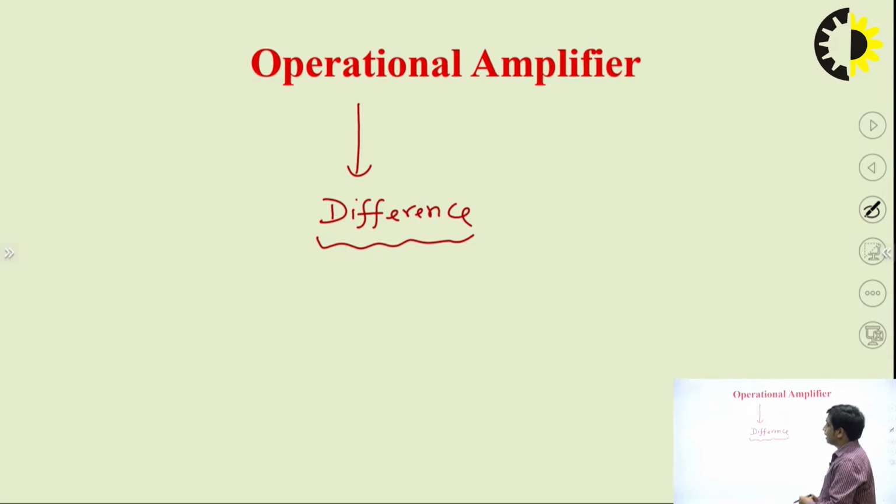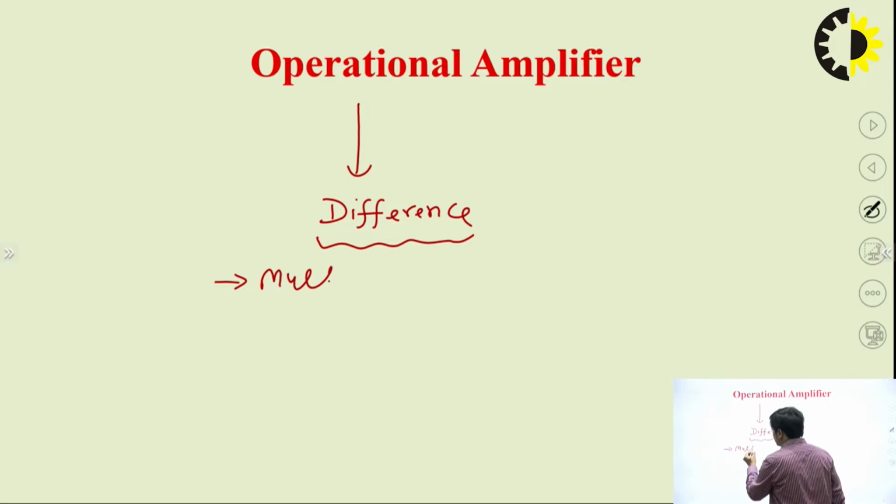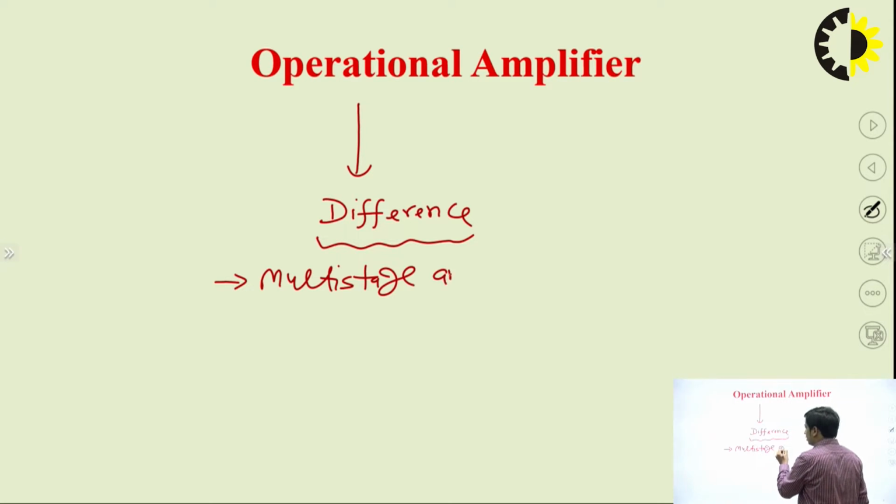Another important feature of this operational amplifier is that it is a multi-stage amplifier. Multi-stage amplifier means it has more than one stage. When we go for multi-stage amplifier, the advantage is we get high gain, like 2 stage, 3 stage, 4 stage amplifiers, all are multi-stage amplifiers.